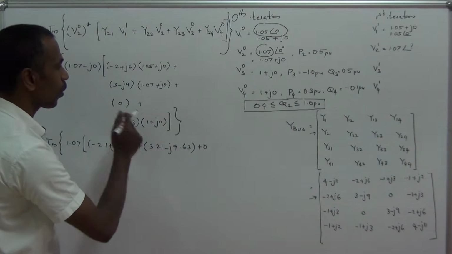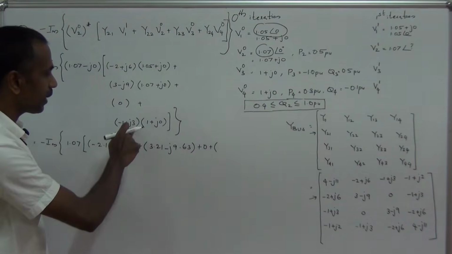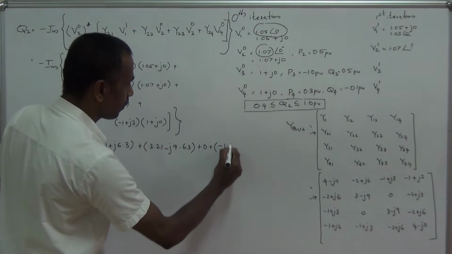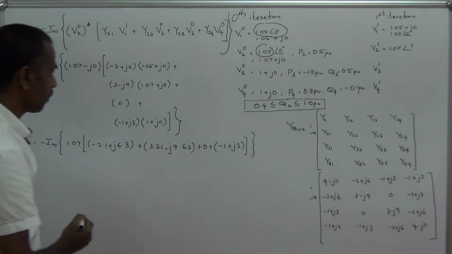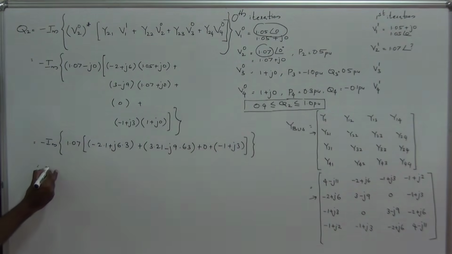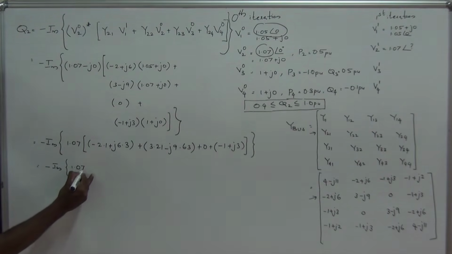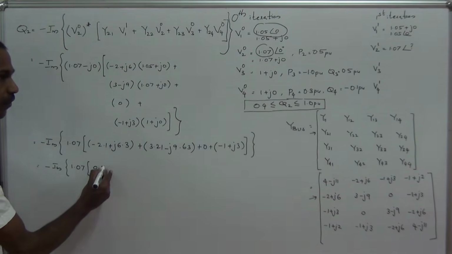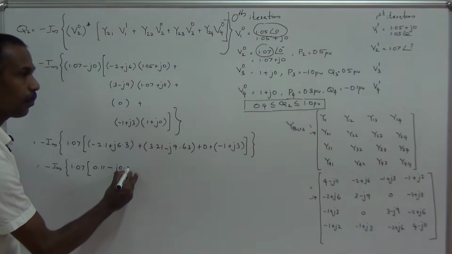The third term is 0. The fourth term equals minus 1 plus j3. And this is equal to minus imaginary part of 1.07 into 0.11 minus j0.33.